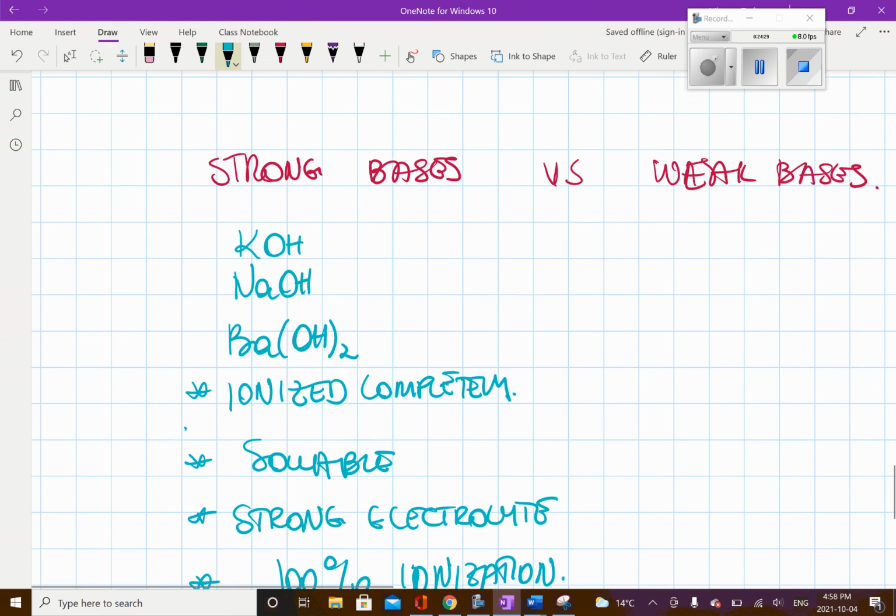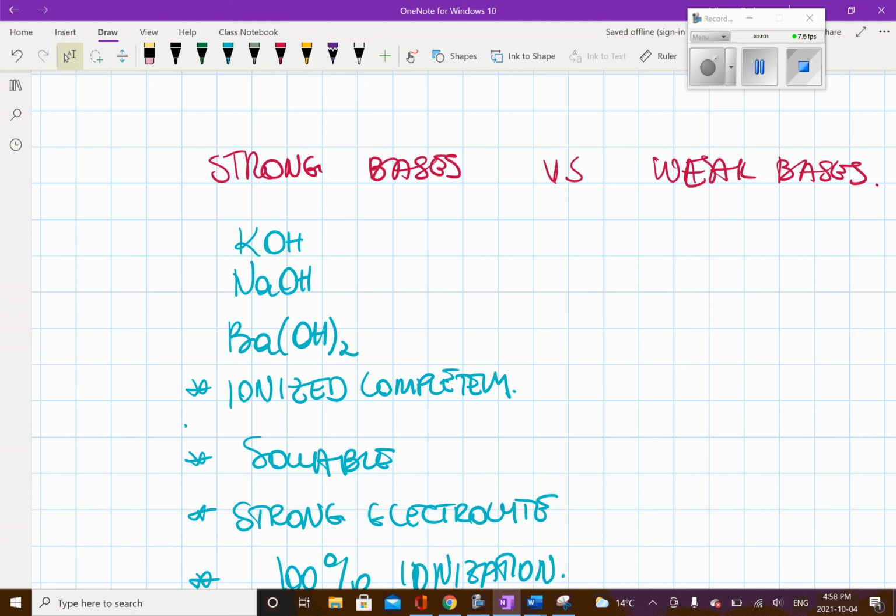And what is happening with weak bases? The weak bases are bases like Al(OH)3. It's insoluble. They are not soluble. So it is less than 5% ionization.